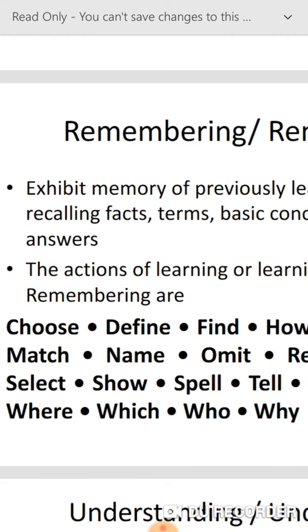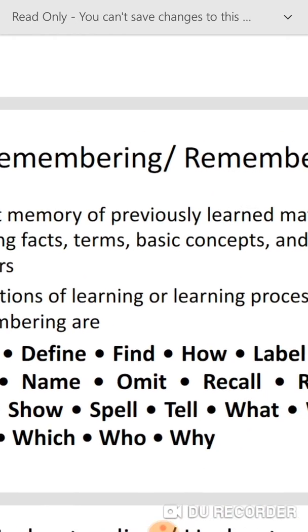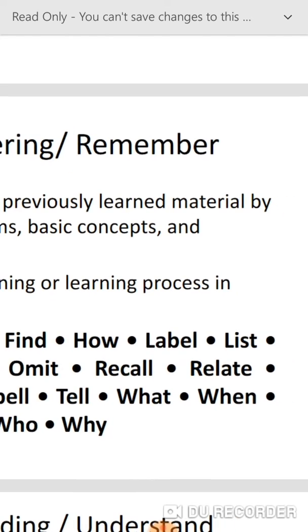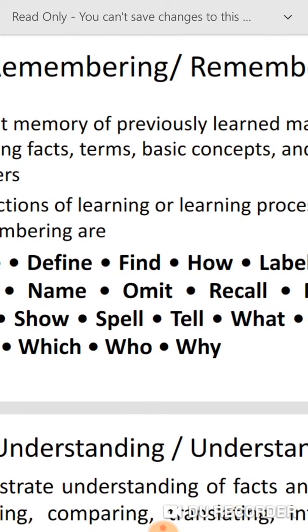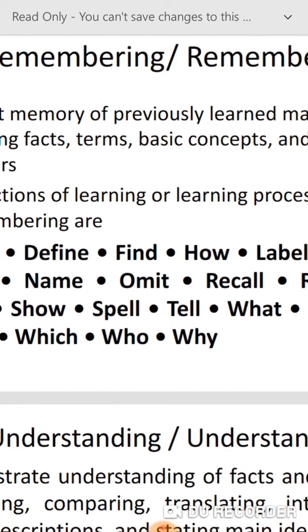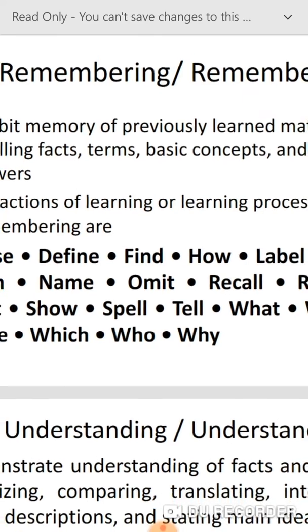In that, there are certain specific learning processes such as choose, define, find, how, and so on. If somebody is asking a question of what, when, where, which, who, why, normally we give an answer to it. What happened, or who is the person behind it, or who is the father of the nation of India. So like that we are giving certain answers, and all these are coming under remembering.